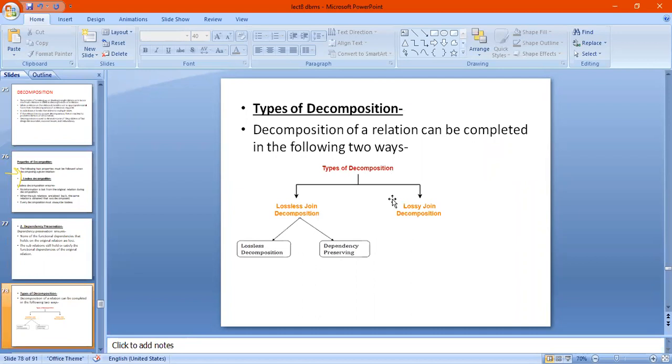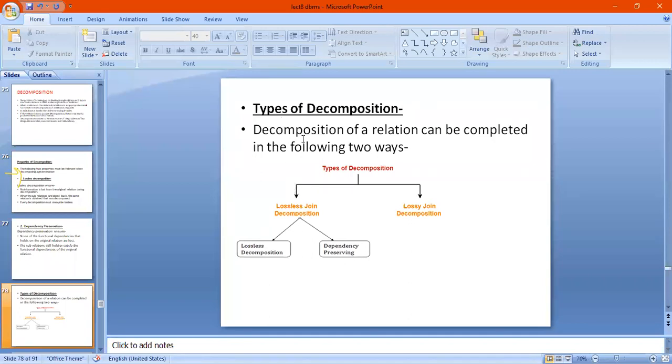Types of decomposition: lossless join decomposition and lossy join decomposition. Lossless join decomposition is again divided into two subcategories, that is lossless decomposition and dependency preserving.